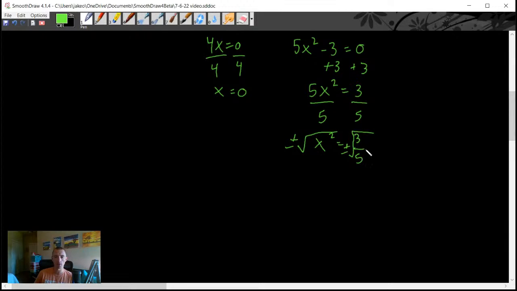You do need to take the positive and negative square root whenever you have x squared equals something. The square root will cancel with the square root over here, but you always need to take the plus and minus square root of whatever you had on the other side of your equation. Whoops, it's going to be 3/5. There we go.